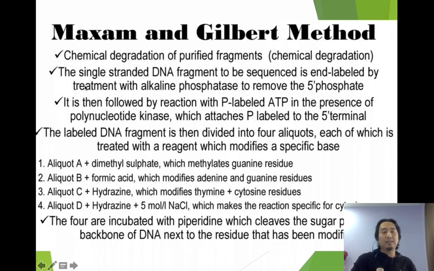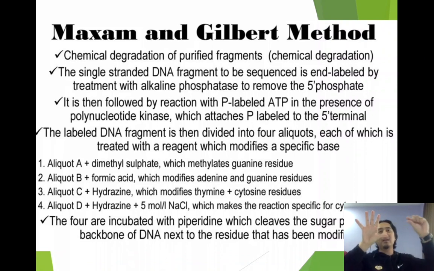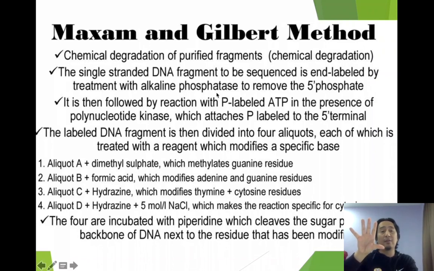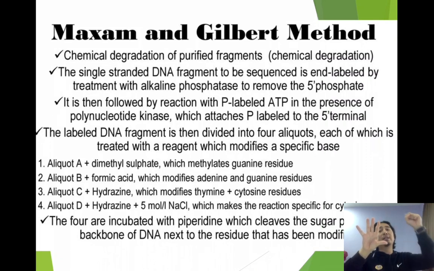So the second point means that on the 5' end, on carbon number 5 of the DNA backbone, the DNA will first be treated with alkaline phosphatase to remove the normal phosphate. Then it is followed by reaction with phosphate-labeled ATP in the presence of polynucleotide kinase, which will attach the radio-labeled phosphate tag, P32, to carbon number 5.